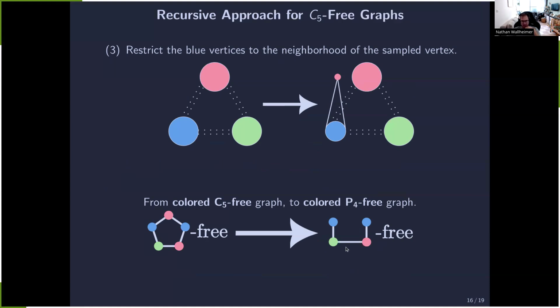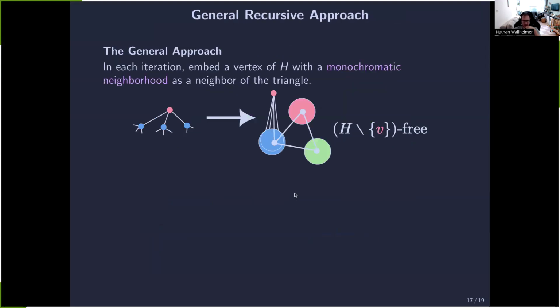For P4, where the 2 endpoints have the blue color, because such a P4 would be completed together with the red vertex into a C5. Okay, so it works for 5 cycles.